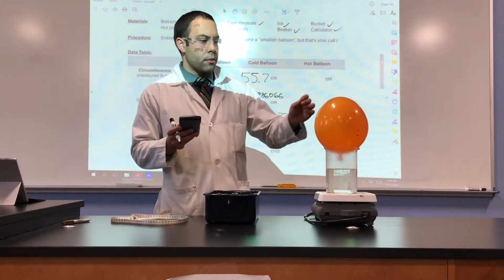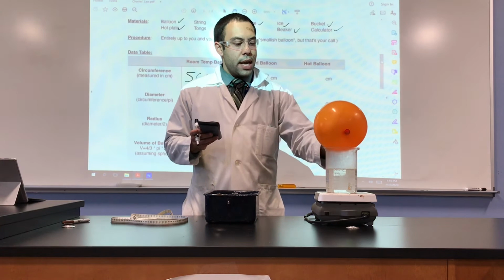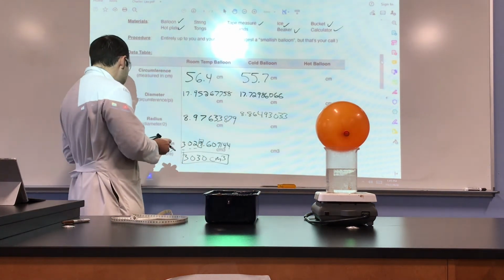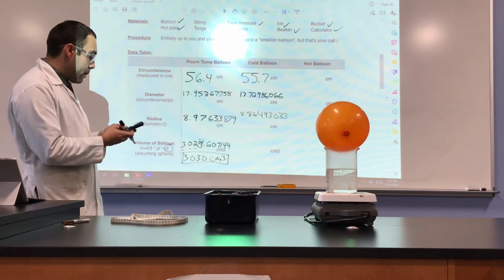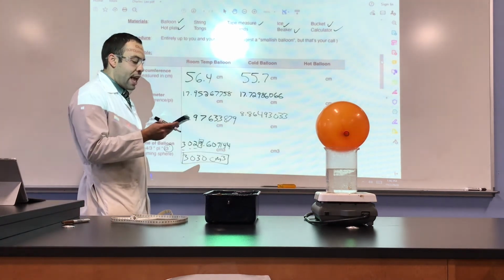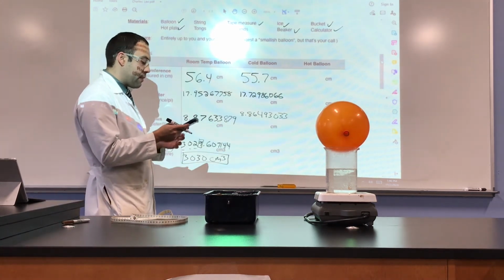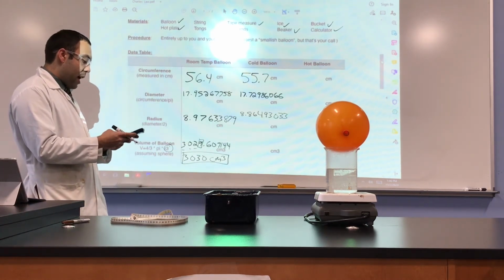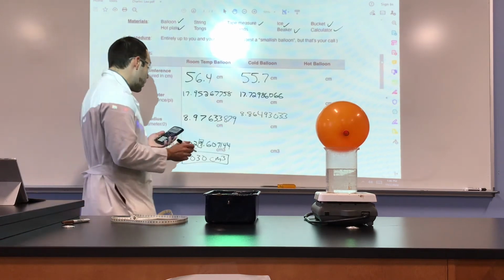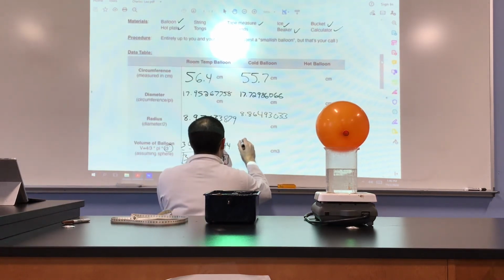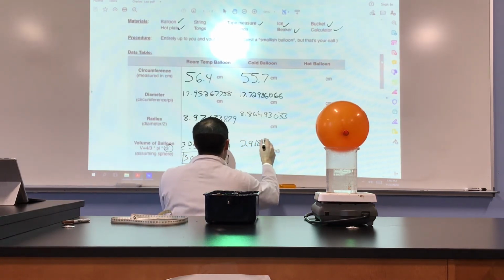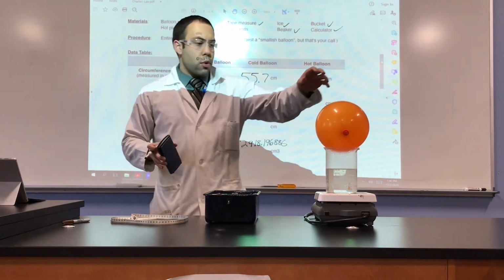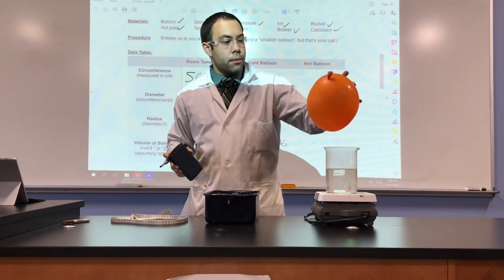Of course, let's rotate. Now we have to multiply by pi times pi. I get 2,188.647665, times 4 divided by 3. So we get 2918.196886. Let's rotate our balloon.